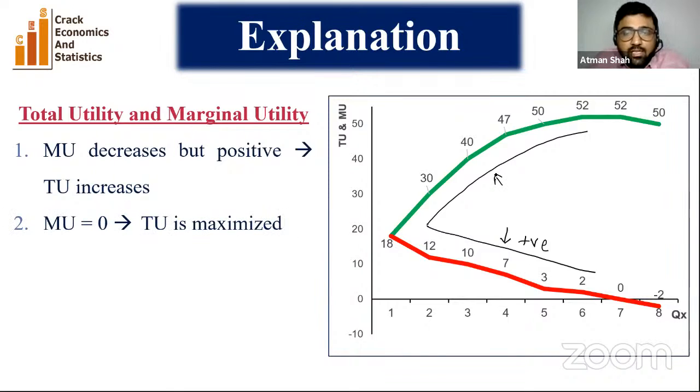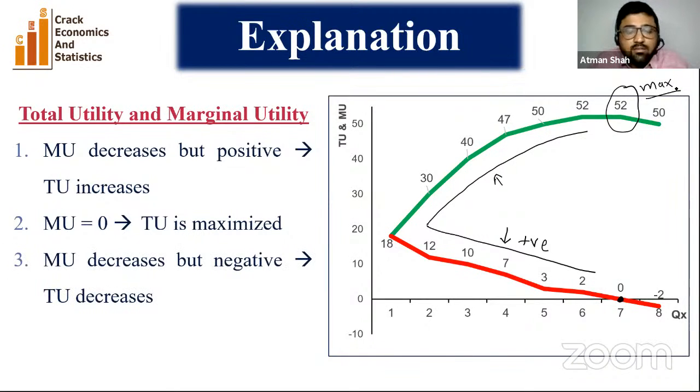Second, when marginal utility is 0, 7th unit, you see total utility is maximized. So when marginal utility becomes 0, total utility is maximized. And third, when marginal utility decreases but negative, see this portion from 7th to 8th, decreases but negative, total utility declines or decreases.